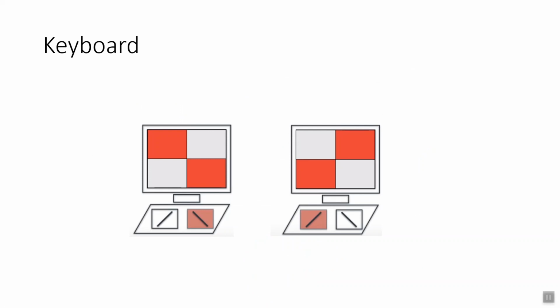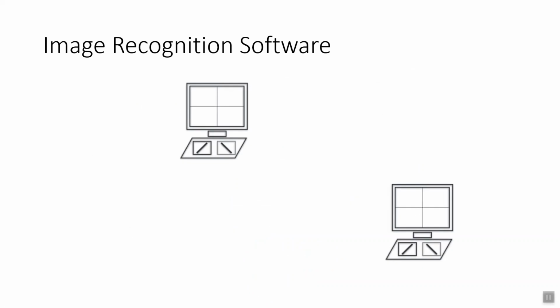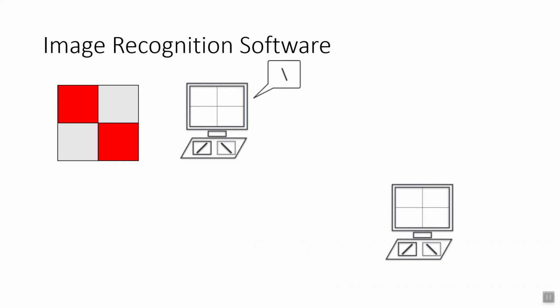But we want to add some sophistication to this world. For that we have to create image recognition software. Using this software, if we show the computer this image of a backward slash, the computer should say yes, it is the backward slash.